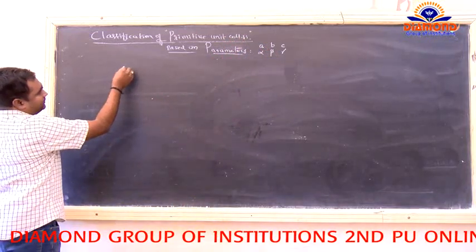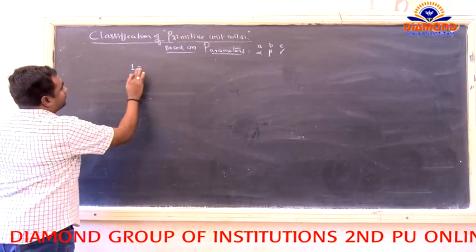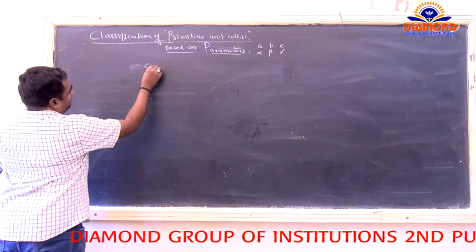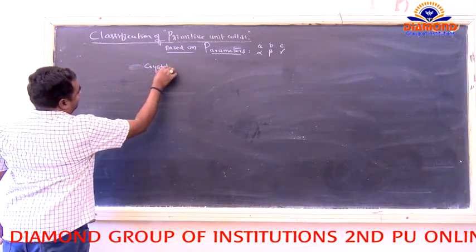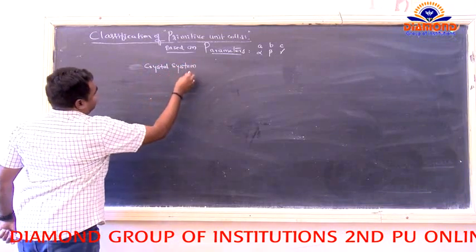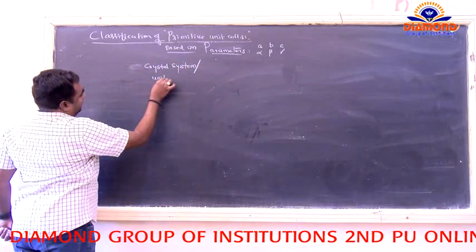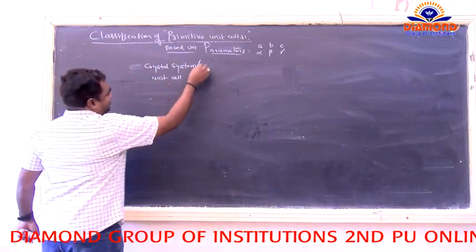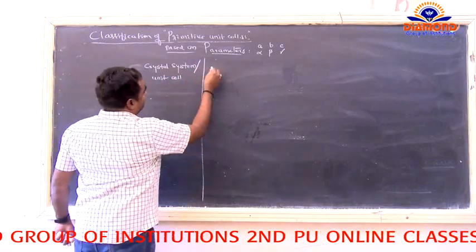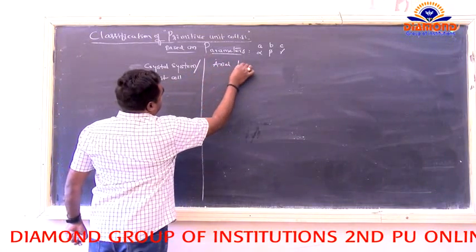Now, the first column is the crystal system, or it is also taken as the unit cell. Next column, the axial length.